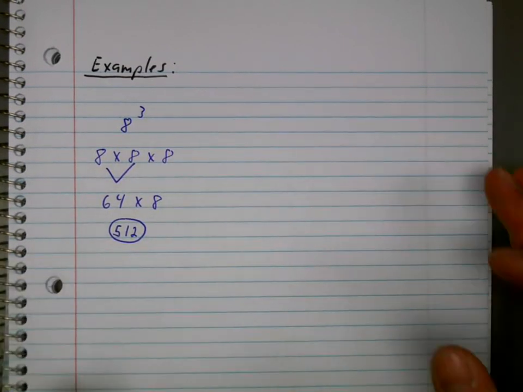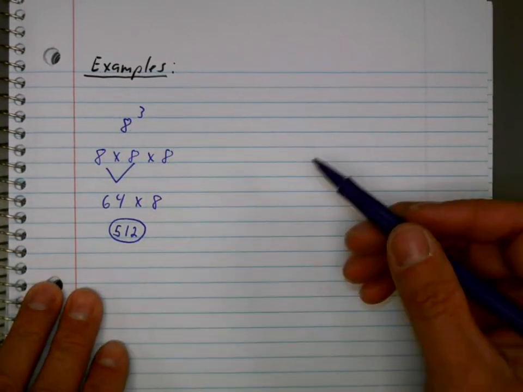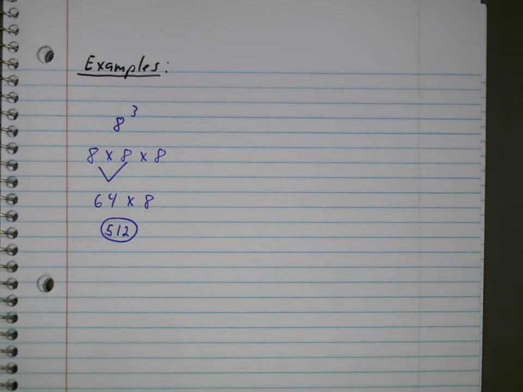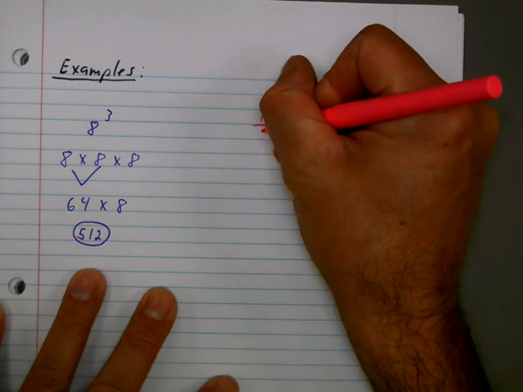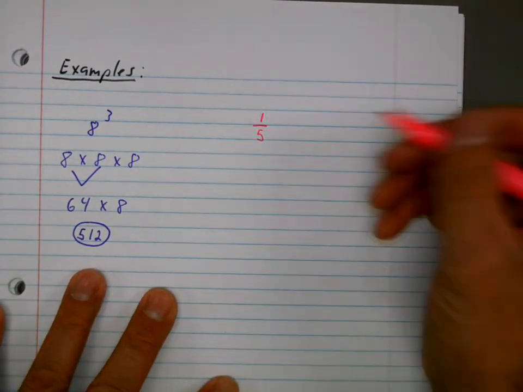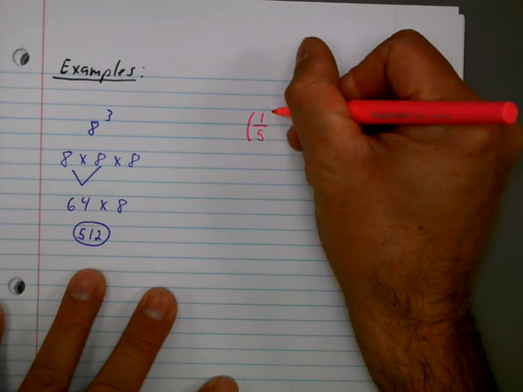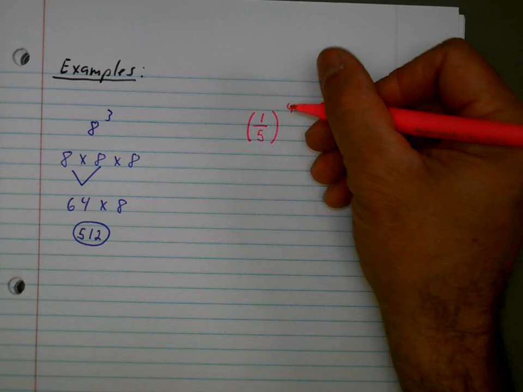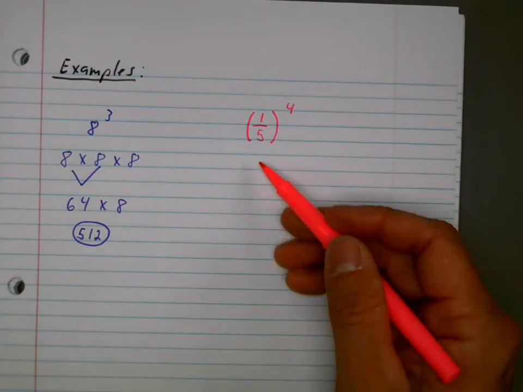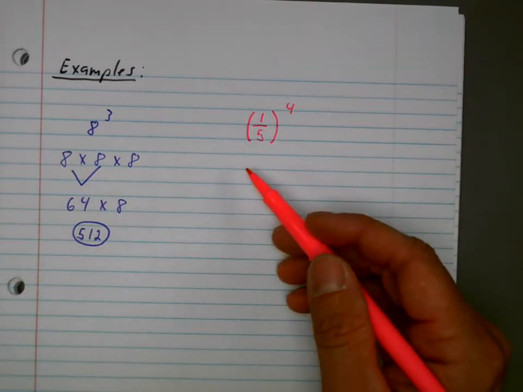Now, because we're in 6th grade, we don't just deal with whole numbers. We deal with fractions and decimals. So another way this could look could be with a fraction. So we'll do 1/5 to the 4th. So nothing has changed. Just because it's a fraction doesn't mean that we do something different.